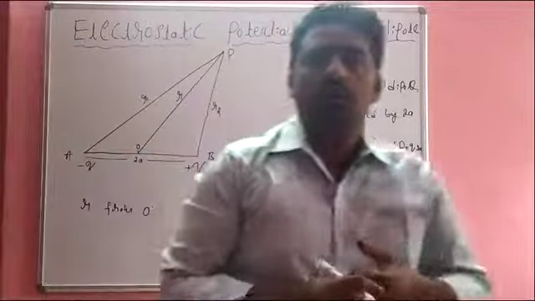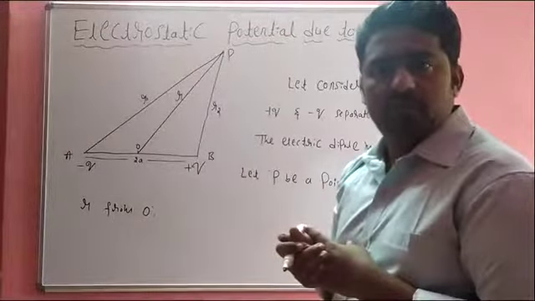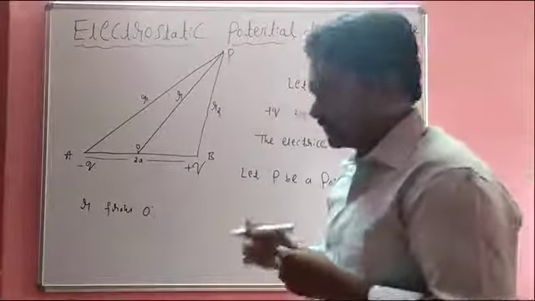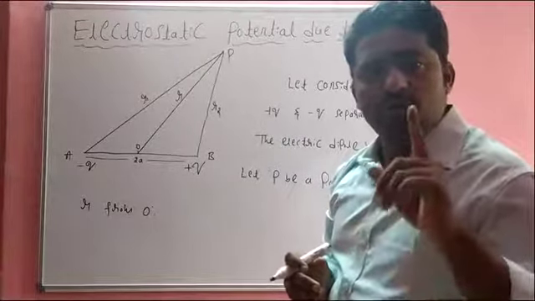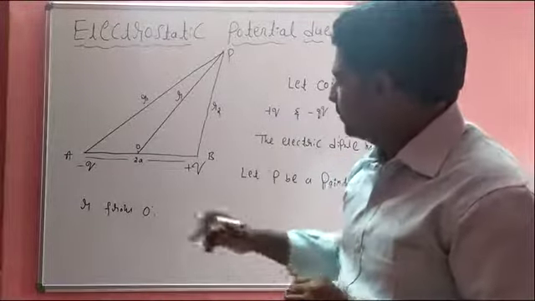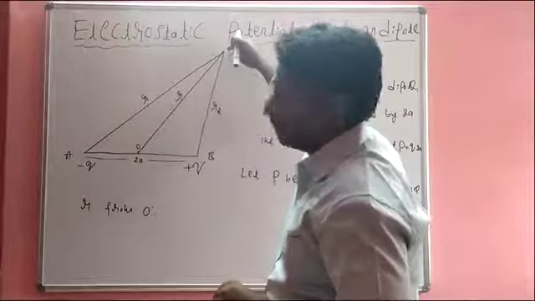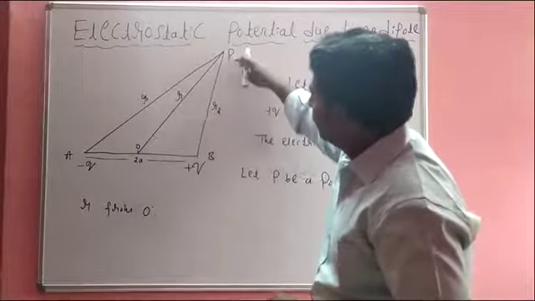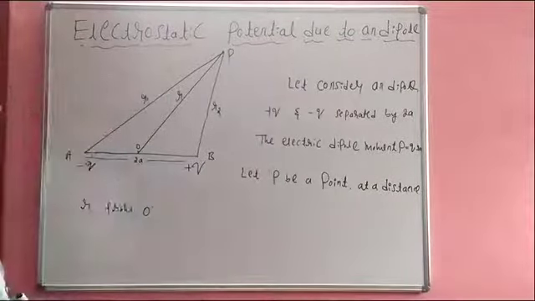Then the electrostatic potential at point P is due to the charges minus Q and plus Q. We already know how much electrostatic potential is produced by a single charge. For the minus Q charge, the distance is R1, and for the plus Q charge, the distance is R2 from point P. Let's write in sentence form.